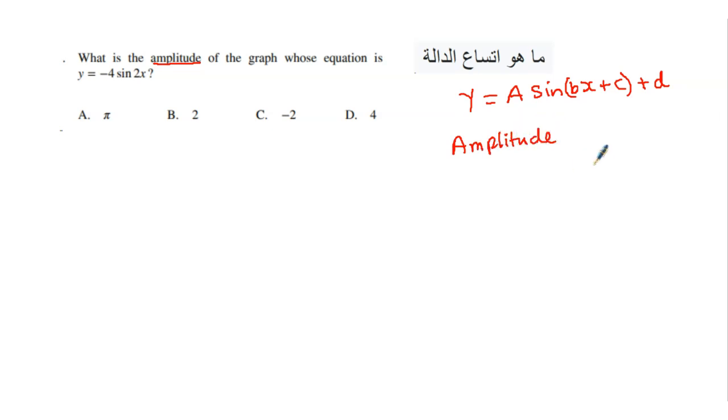When music is playing, how it's going up and down. So the amplitude is just how high and how low, so we don't consider the negative. Amplitude is always absolute. As we are looking here, the A is equal to -4, but it has to be absolute, and the absolute value of a negative is positive. So here, that gives us the answer.